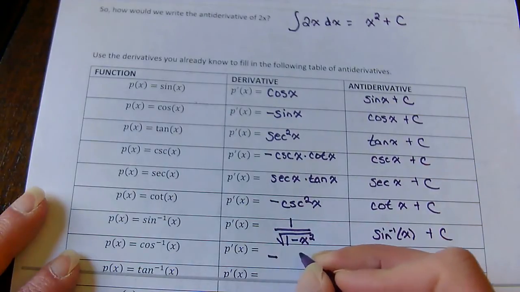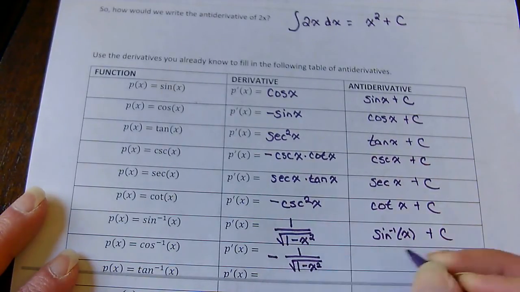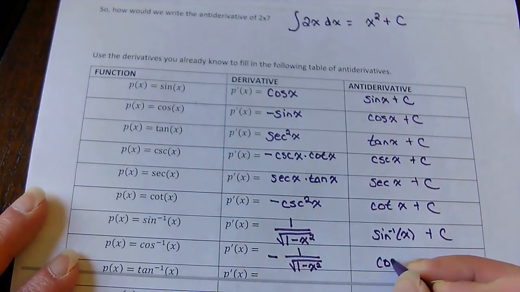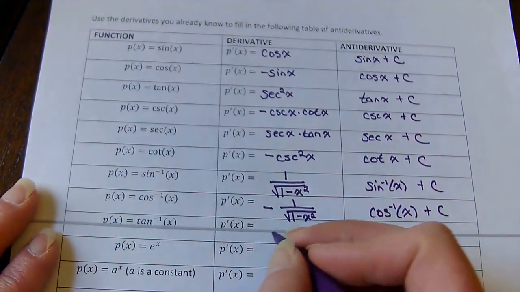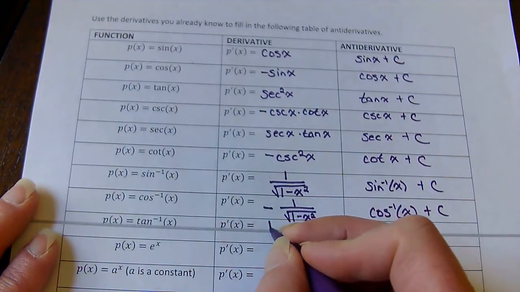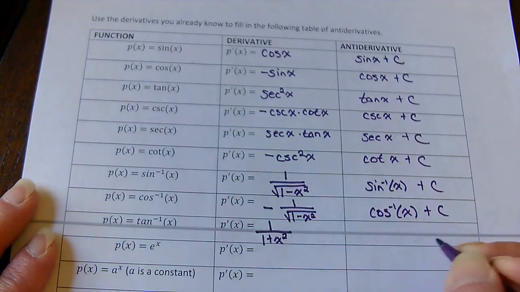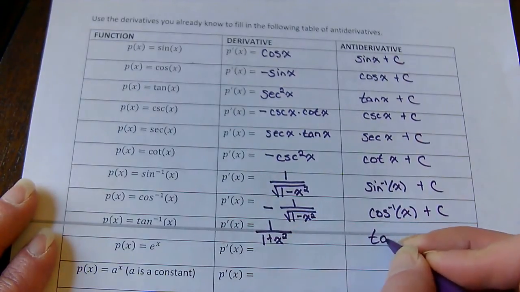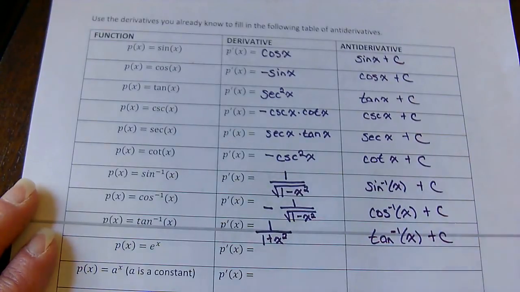Inverse cosine would be negative 1 over square root of 1 minus x squared. See if I remember tangent. Inverse tangent, its derivative is 1 over 1 plus x squared. So the antiderivative of that would be inverse tangent plus c.